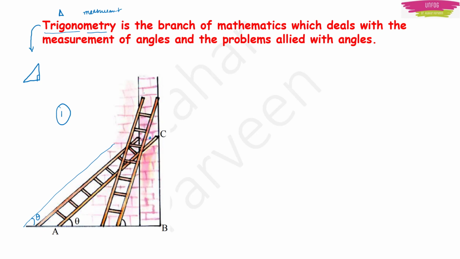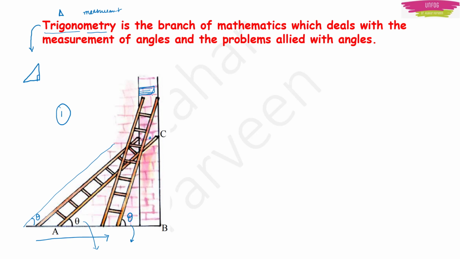If he wants to paint here, then what will he do? He will move this ladder and align it in a different manner with a different angle theta. Now this is nothing but a right angled triangle, right? So he has dealt with trigonometry here. That's the reason why he is able to change this angle theta every time to reach a certain height, correct?